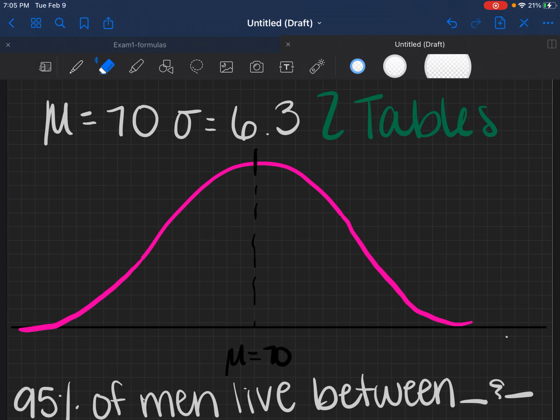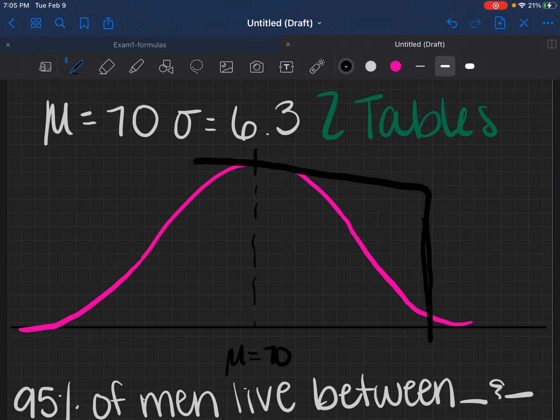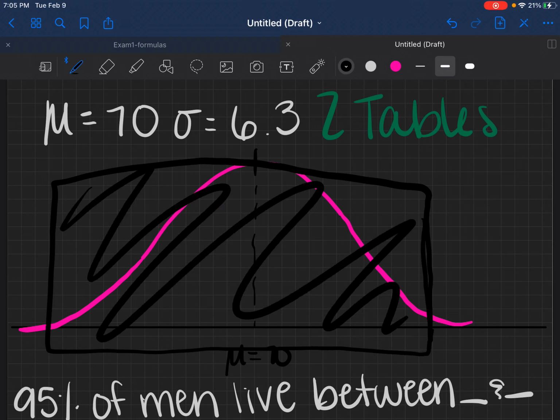So if we think about this, it's asking for the middle 95%, which is the majority of it. So let's think here. It wants all of this, right? That's like 95% of the graph.